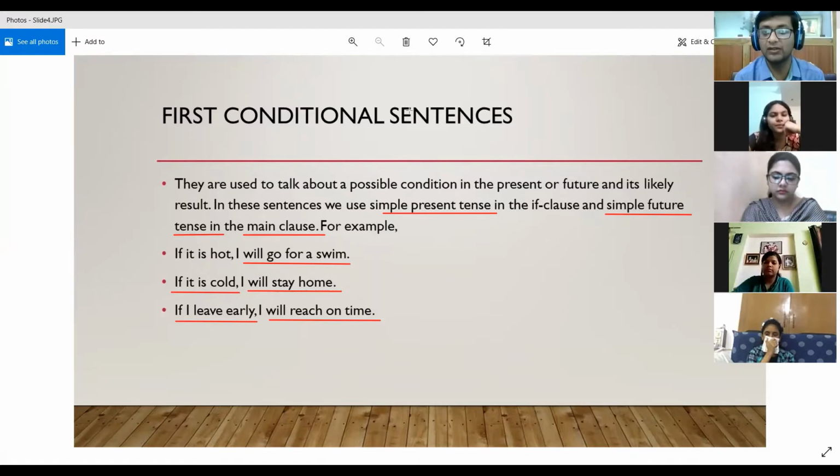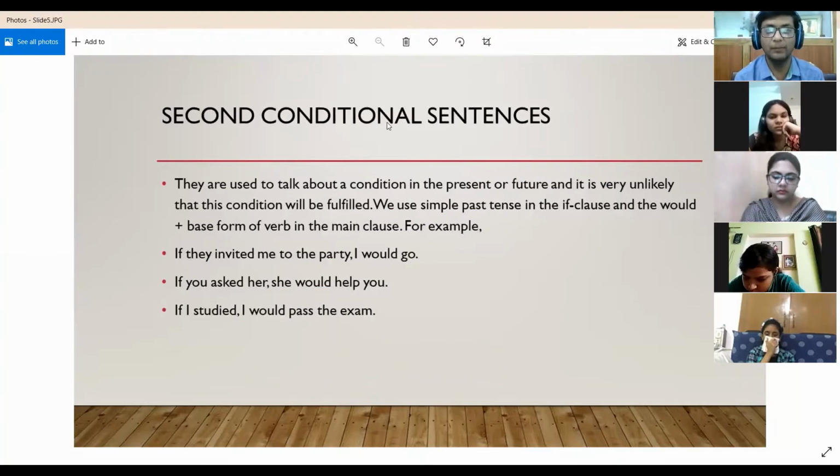Now we come to the third type. The third type is the second conditional sentence. These sentences are used to talk about a condition in the present or future, and it is very unlikely that this condition would be fulfilled.